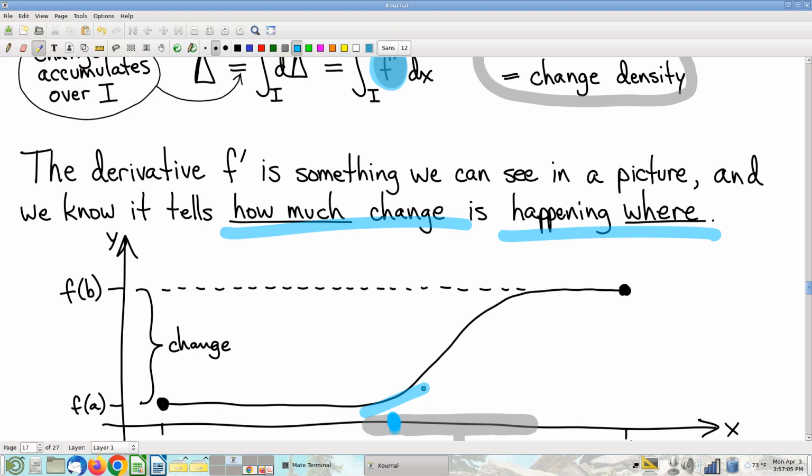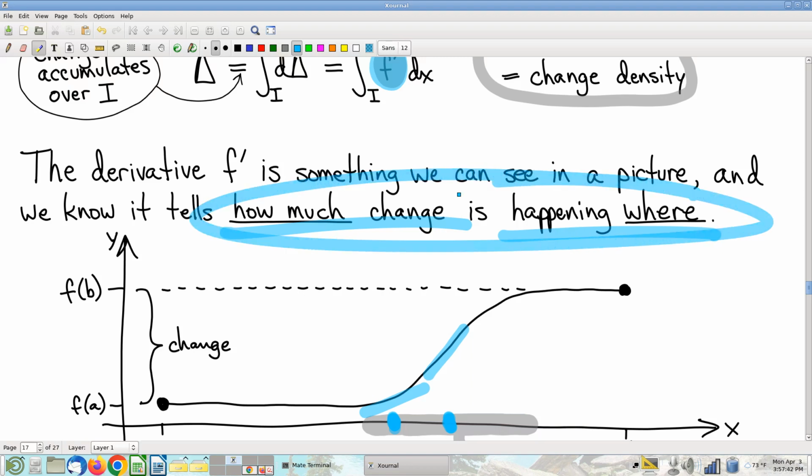The derivative is an algebraic way of getting a numerical representation of what I can see geometrically, how much the function is changing near that point. At a different point over here, geometrically I can see that the slope is greater. There's more change happening in the vicinity of this second point, and that will be numerically represented by the derivative being greater at that point. So the derivative tells us literally how much of this accumulating quantity is where in the interior.